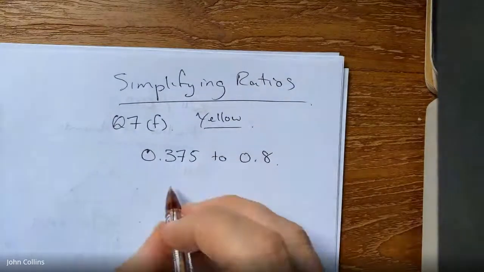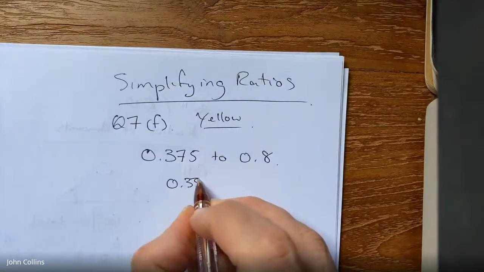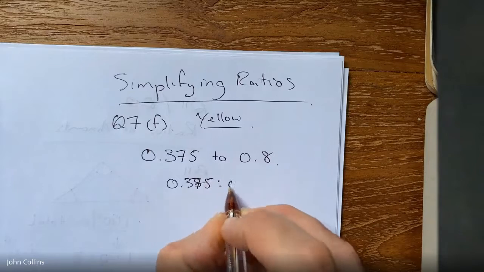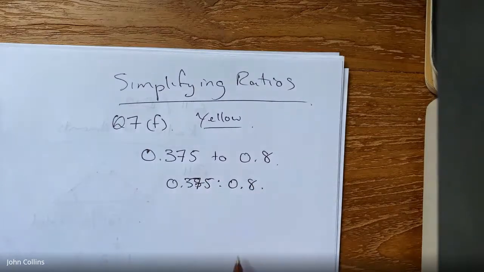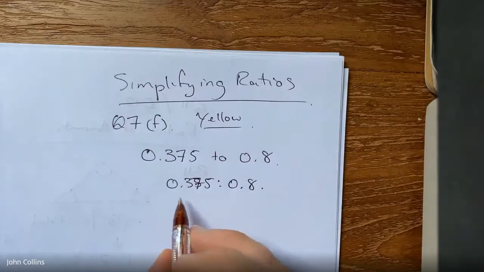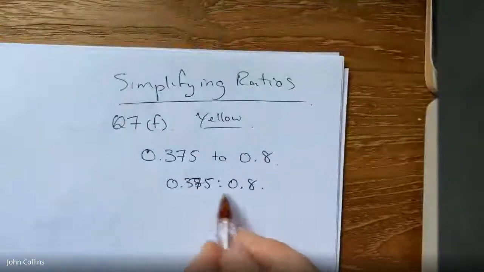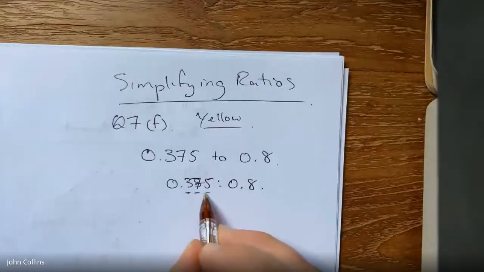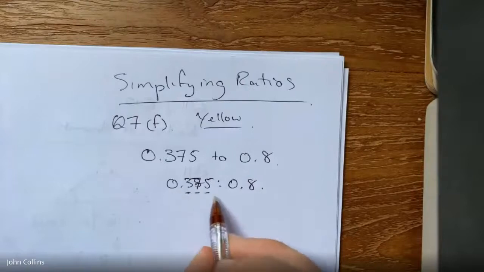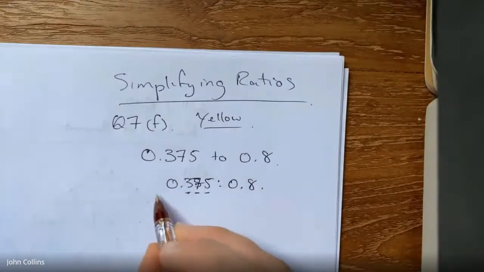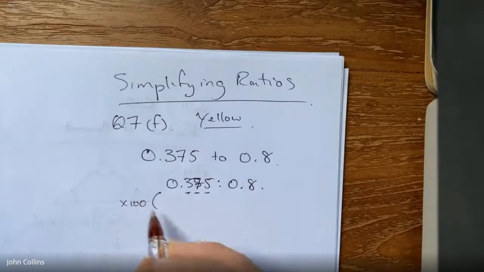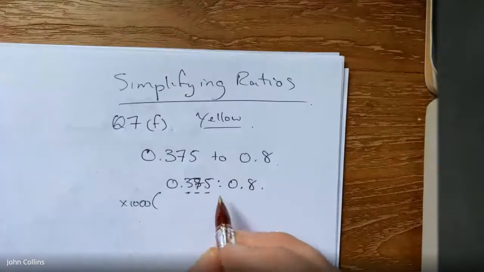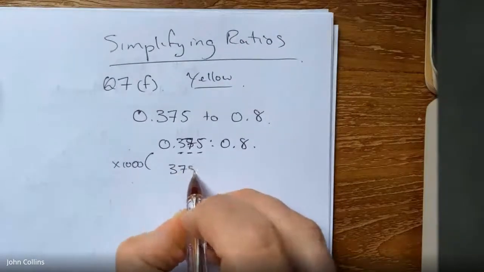So if I'm left with 2 decimals, 0.375 to 0.8, I need to get these into whole numbers. There is a way of doing it without whole numbers, but I'm interested in getting these into whole numbers. There's 3 places after the decimal point here. So if I multiply that by 1,000, that will get rid of those 3 decimal places. So that's just 375.